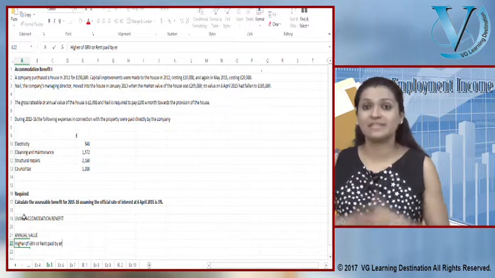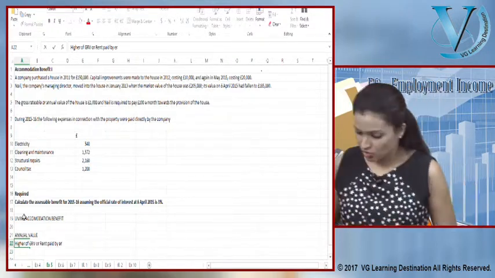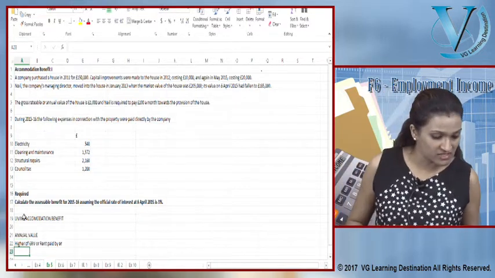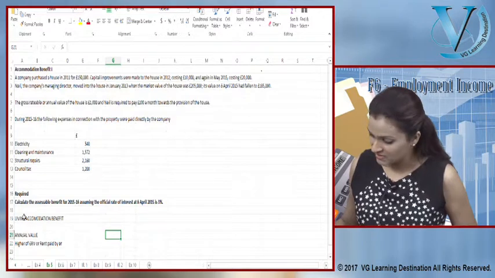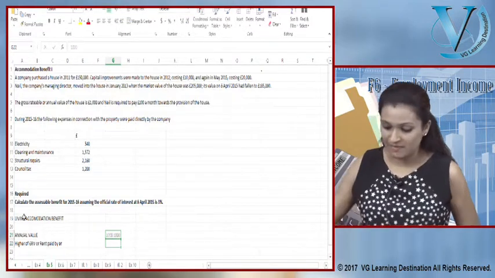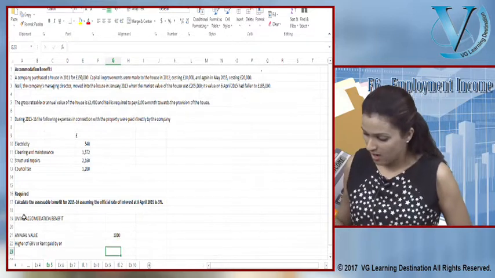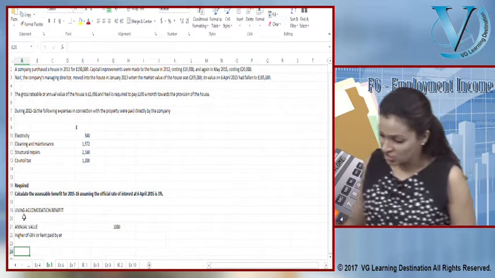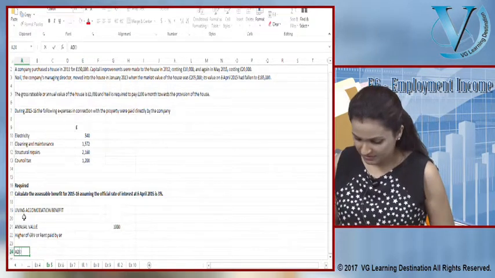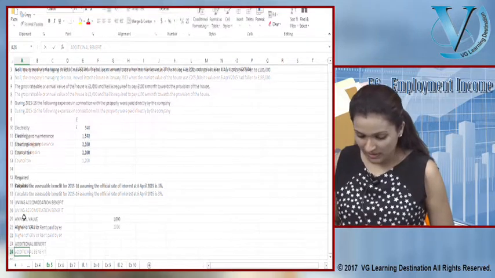Now this property is owned by the employer, so obviously he is not paying any rent. So gross rateable value is given, which is equal to £1,000 or 0. So definitely £1,000 is greater than 0, which becomes the annual value of the said property. Now let's move forward. What next do we have? We have an additional benefit to be levied.